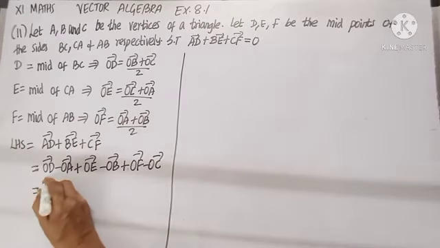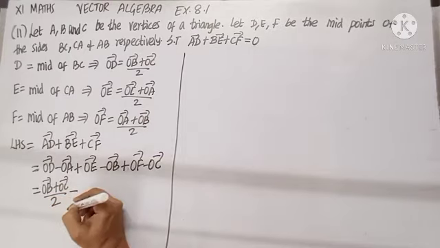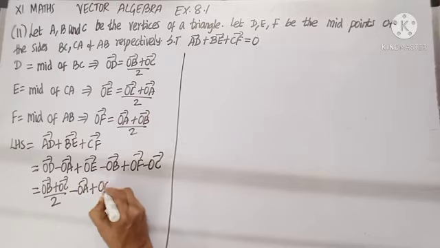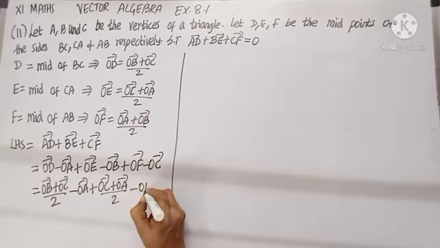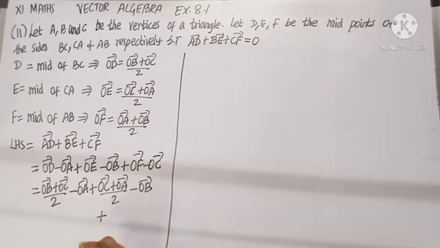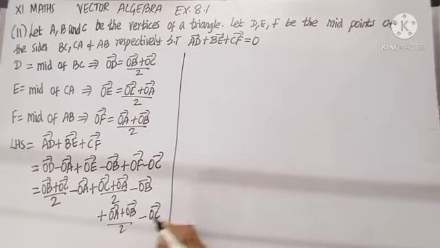It is OB plus OC by 2 minus OA vector. What is OE? OC plus OA by 2 minus OB vector. What is OF? OA plus OB by 2 minus OC vector.